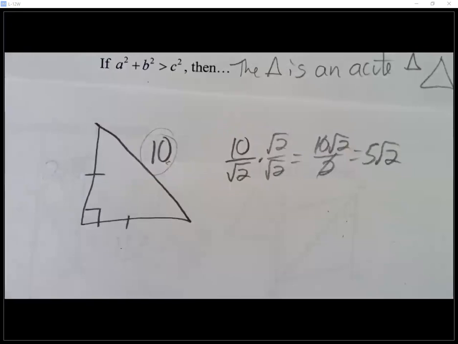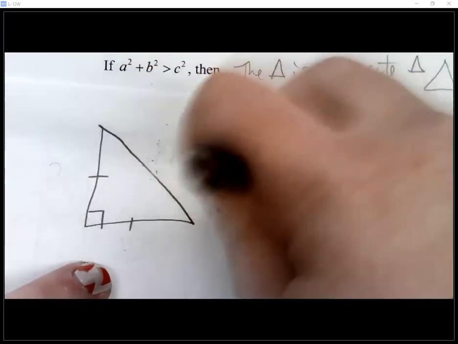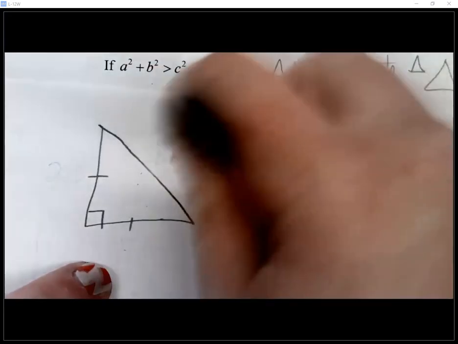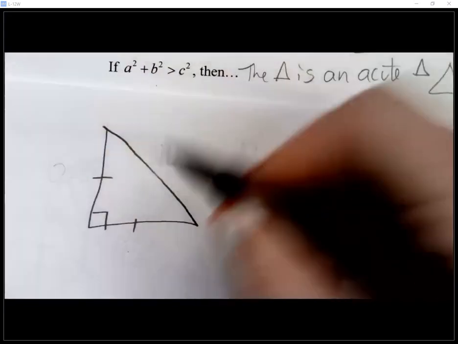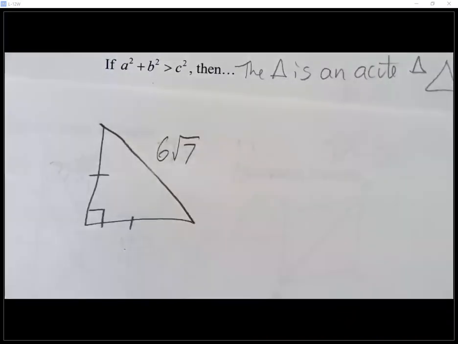Well, watch this. Let's try this, and then you'll investigate your own question. What if this side had been, I don't know, 6 root 7? Now find those other sides. You're going to do the same steps.